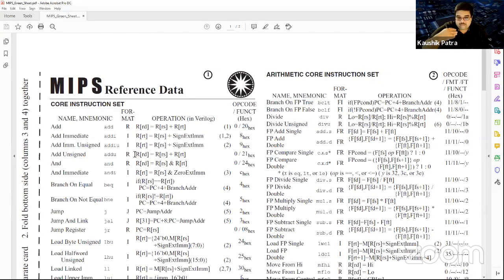So if the current address of the instruction is PC, the content of the program counter, then the next instruction's address is PC plus 4. PC relative addressing is always computed with respect to the next instruction, not the current instruction. So that's why the PC plus 4 is there.